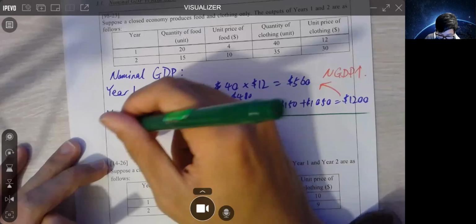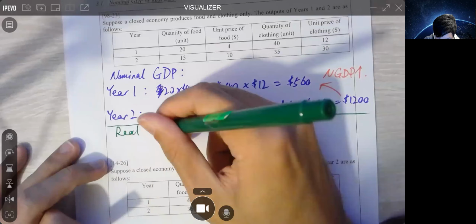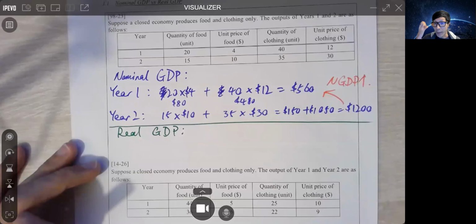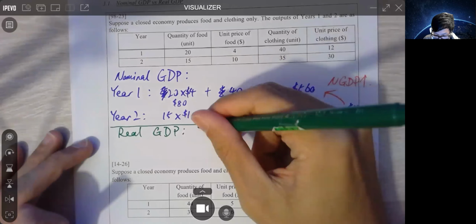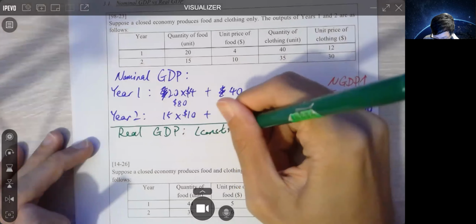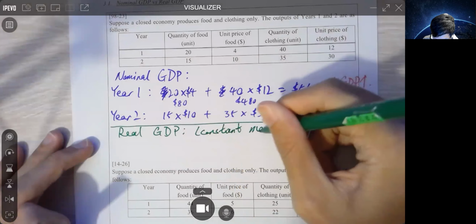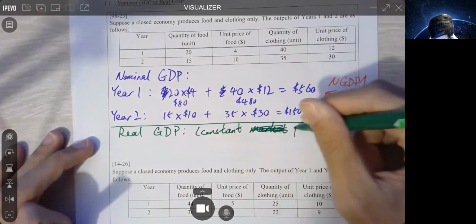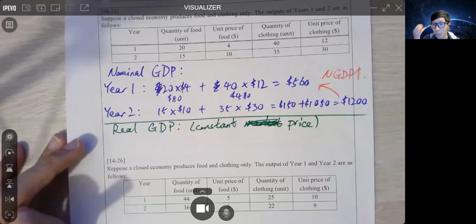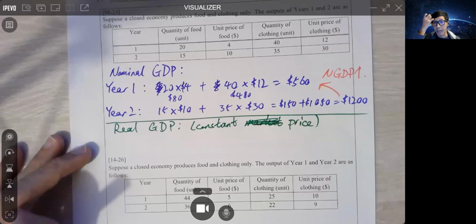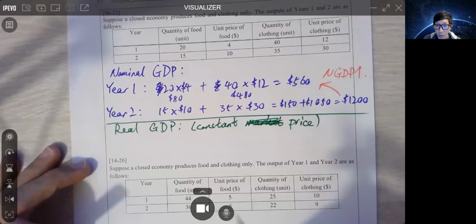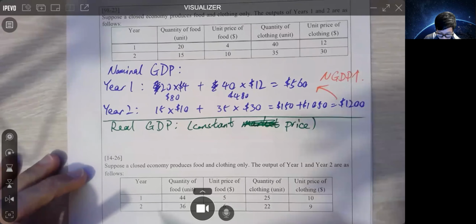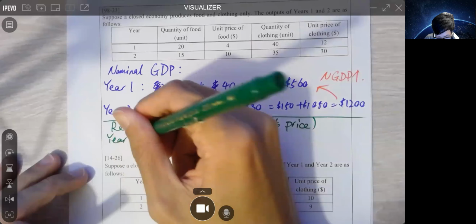But if we then calculate the real GDP, remember, real GDP, we use constant price. So let's take the price of year 1 as constant.